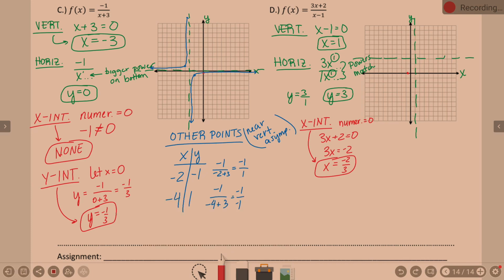Now I need my y-intercept. Y-intercept happens when x equals 0. So 3 times 0 plus 2 over 0 minus 1.